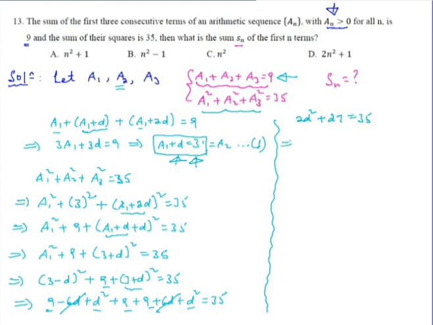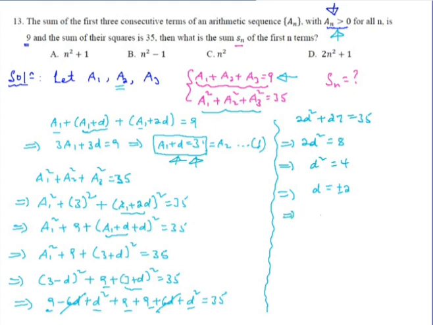So 2D square is equal to 35 minus 27, which is 8. Dividing both sides by 2, D square becomes 4, so D is plus or minus 2. But what were we told? All the terms in this sequence must be positive, so all terms are positive only when D is positive.